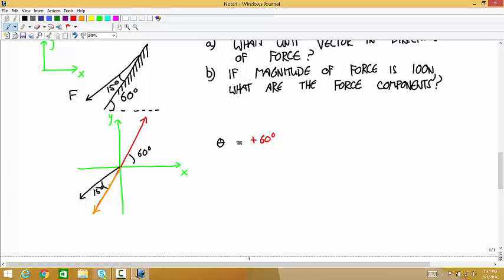Then we go 180 degrees to get to the orange vector. And then we backtrack clockwise 15 degrees to get to the black vector. And so if you add all those up, you get 225.